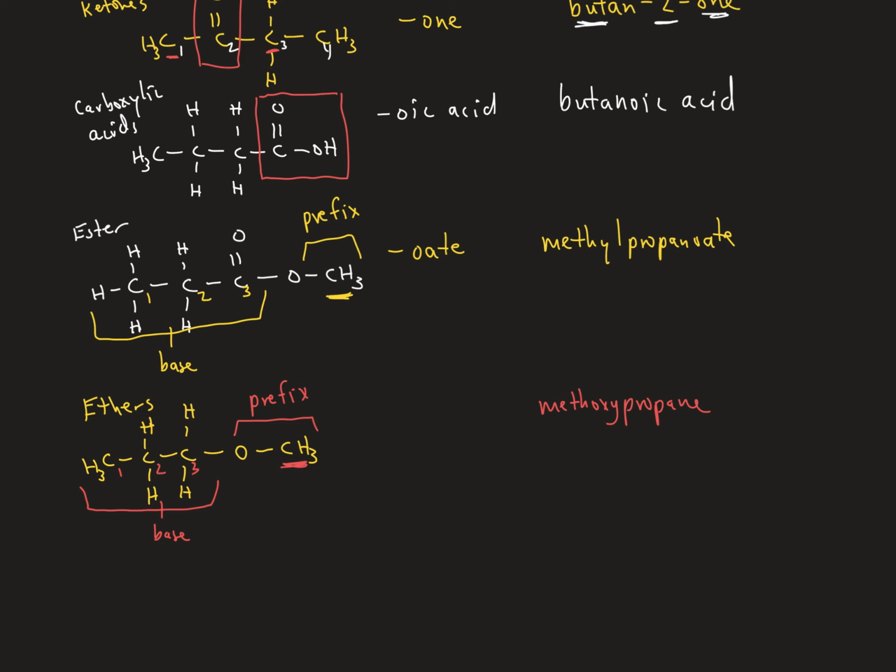Other than that, the 2 other functional groups that we talked about, you don't really have to worry too much about the naming. The examples of those would be an amine. So we talked about an amine. An example of an amine would be something like ethylamine.